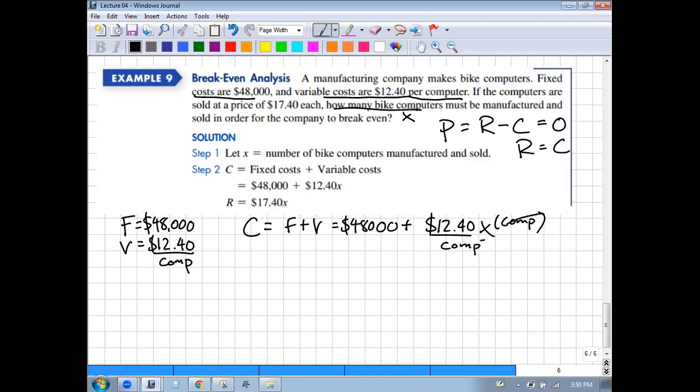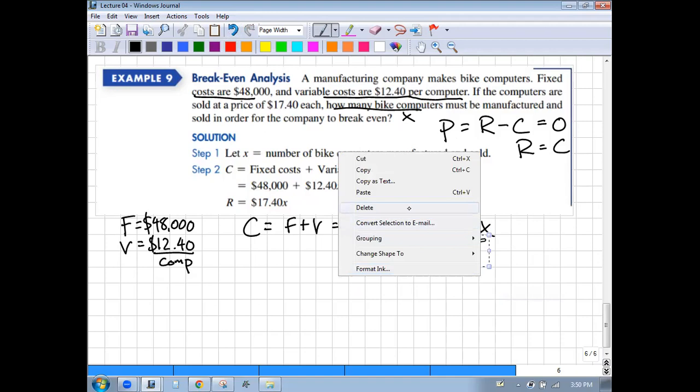As you see, the computers cancel out and we're left with dollars. Does that make sense? If X is computers and our variable cost is $12.40 per computer, you need to multiply that times computers, because in the end you want your answer to be in dollars. You don't want it to be dollars computers or anything like that. Or in this case, the answer is going to be computers, the units.